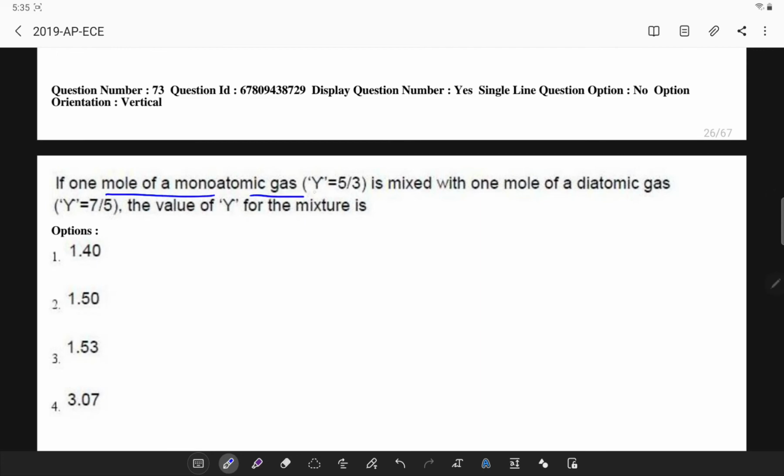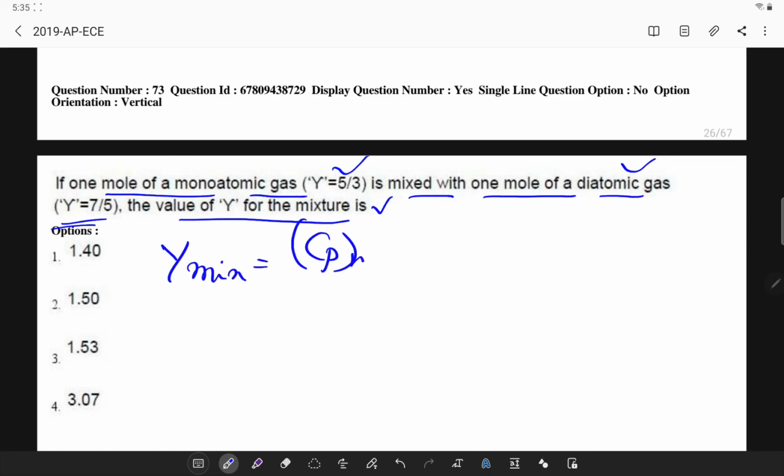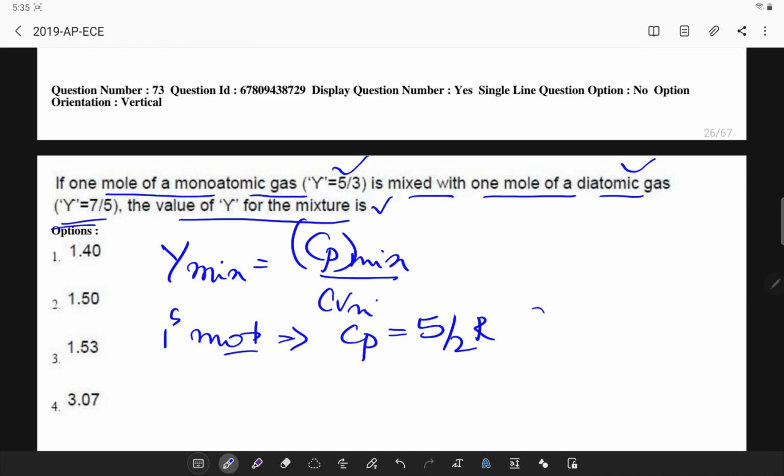If 1 mole of monoatomic gas with gamma as 5/3 is mixed with 1 mole of diatomic gas with gamma as 7/5, what is the gamma value of the mixture? So the mixture value is Cp mixture by Cv mixture. So first, monoatomic gas: Cp is 5/2R and Cv is 3/2R.